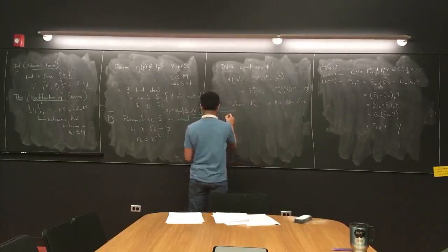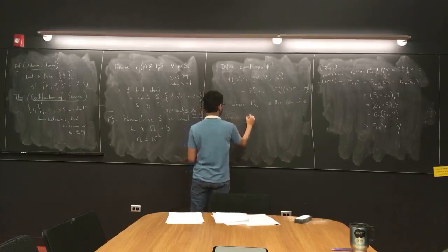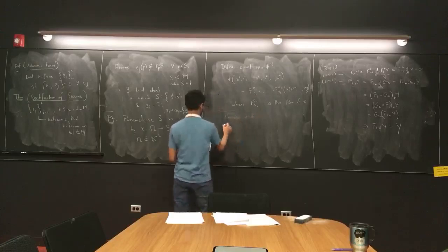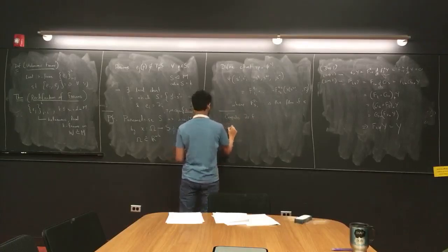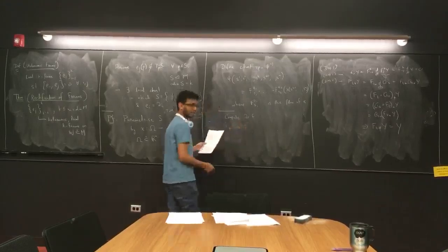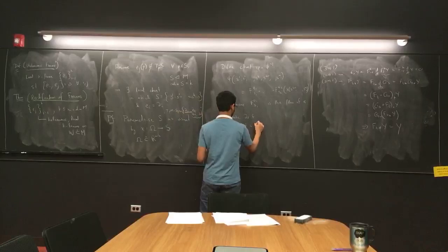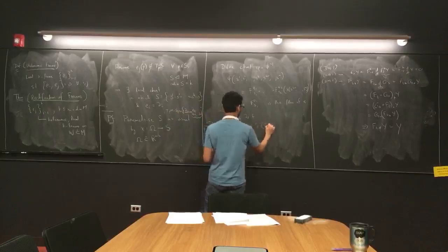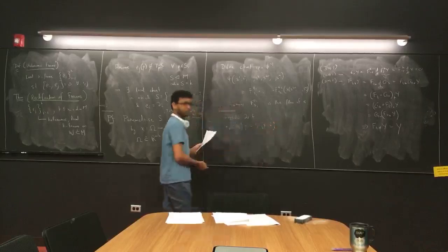And then we compute the partial derivatives by considering psi star, the push forward of del_(s_i), acting on f for some test function f. This is going to be del_i of f composed with psi, by definition of push forwards.